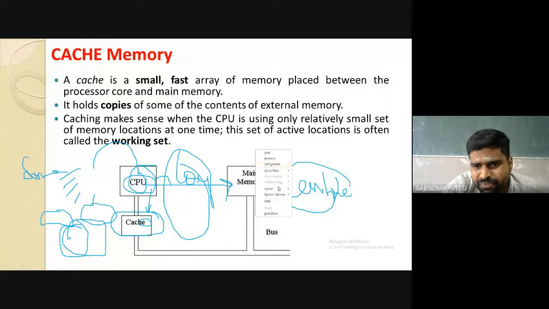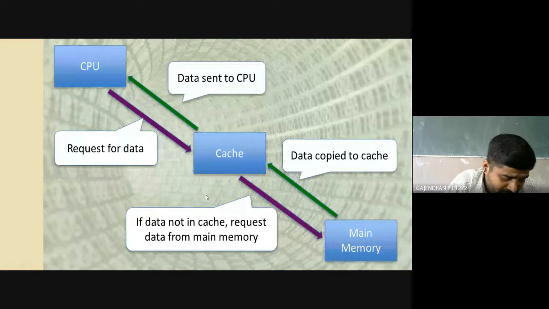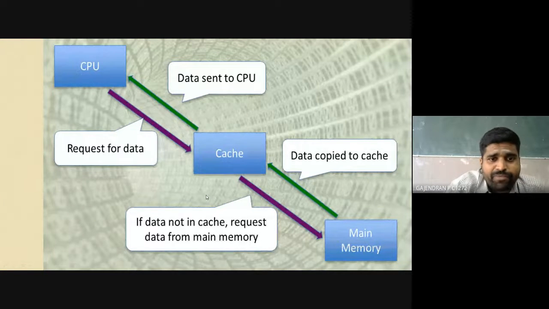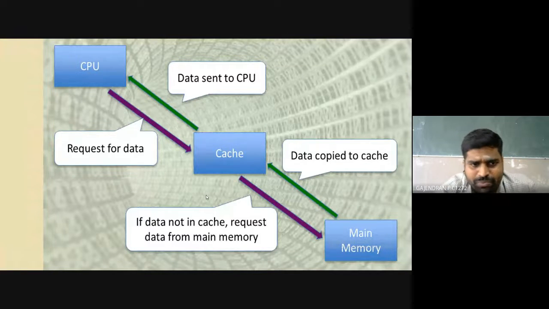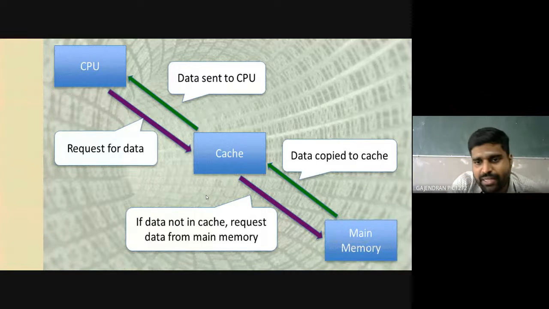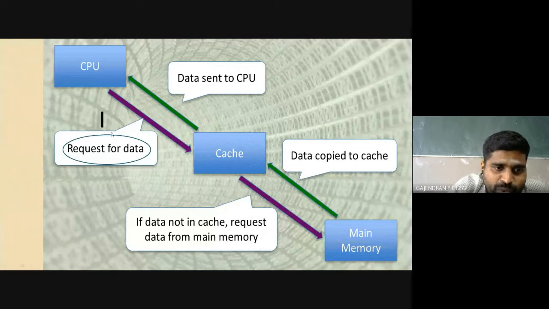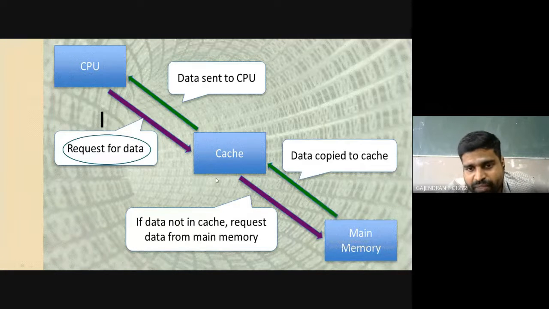Yes. With this idea, we will go a little more in depth. No deep dive. Okay. But as I told you already, the same flow. First time, if you are taking something, where will it definitely not be? It will not be in the cache. So what we do is, first you are requesting data. CPU requests data from the cache.